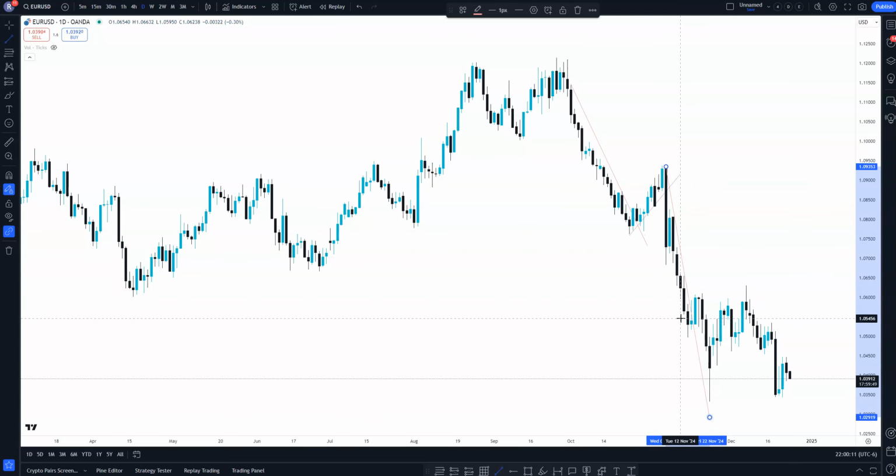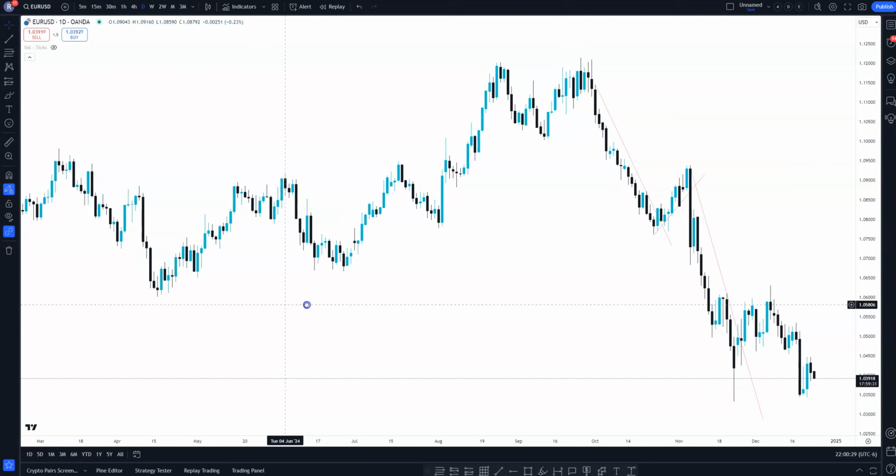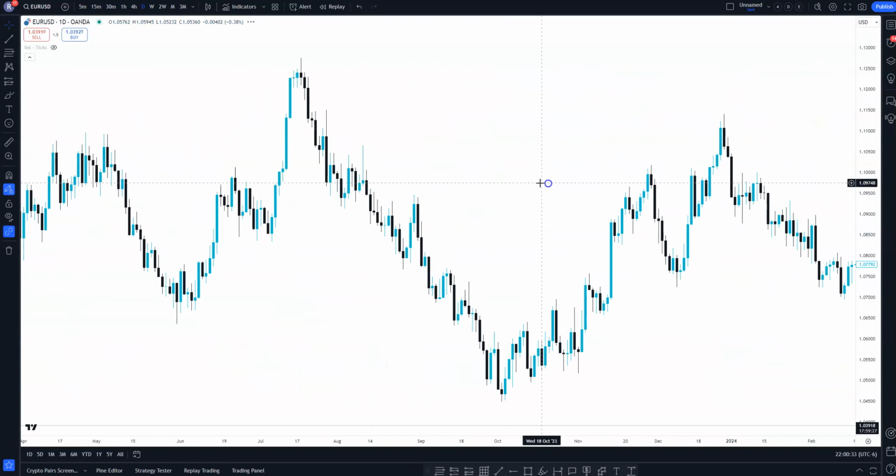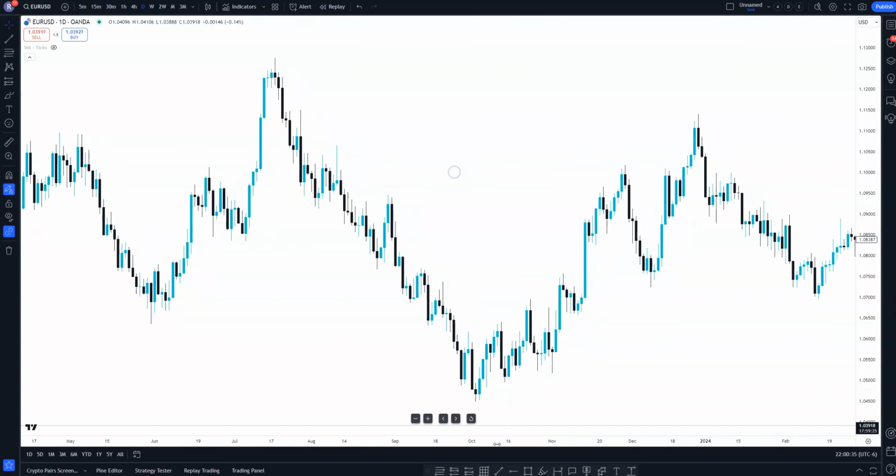Got a break there, but nothing really happened, so then we probably would adjust this. Alright, but these are trends. So those are trends. We can go back further and do the same thing, right?